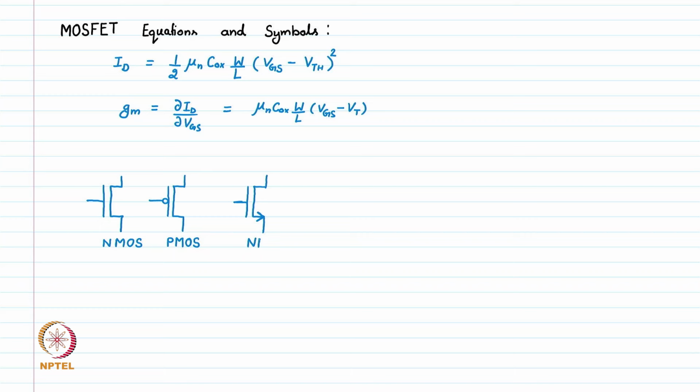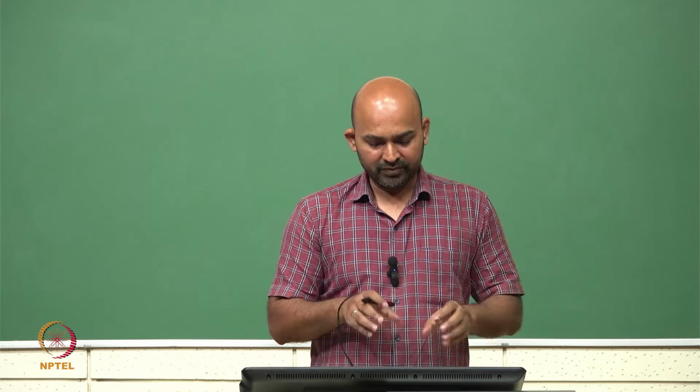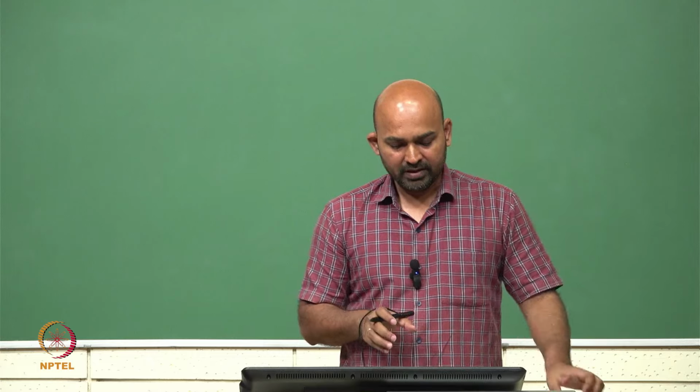This is the symbol for NMOS, and for PMOS this is the symbol of current at the source terminal. This is the symbol for PMOS. So these are the symbols for NMOS and PMOS, though both are the same, but generally one type of symbol we use for digital design, one for analog design.